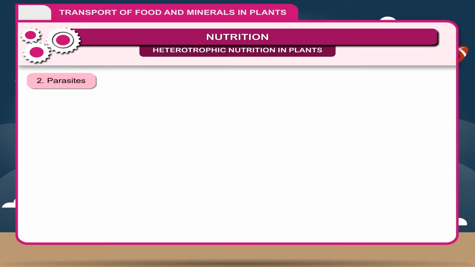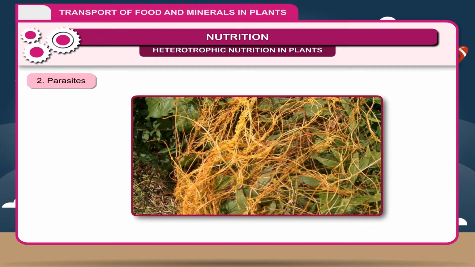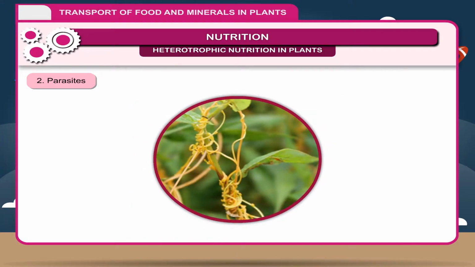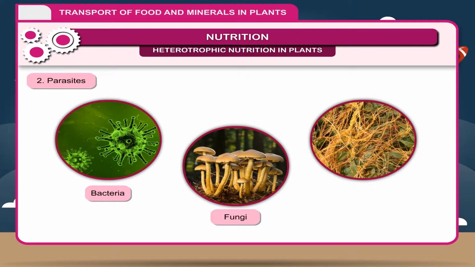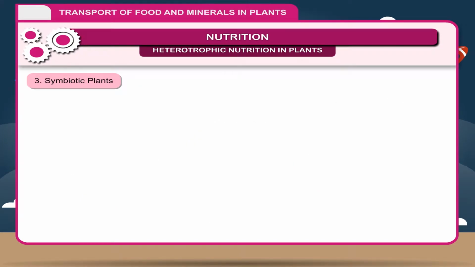2. Parasites. The plants which depend upon other living organisms, plants or animals, and take ready-made food from them. The plant taking such food is called a parasite, and the organism from which food is taken is called the host. Examples: some bacteria, fungi, dodder, amarbale, etc. 3.